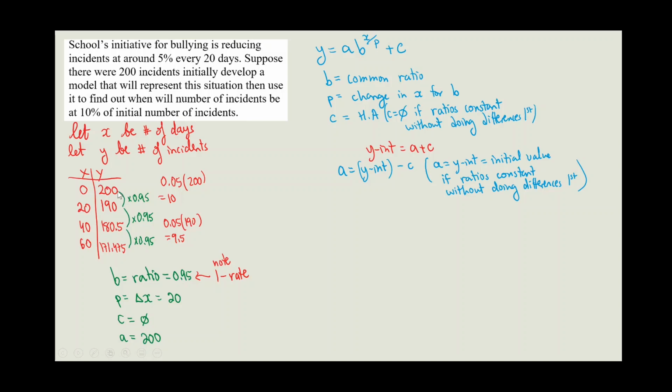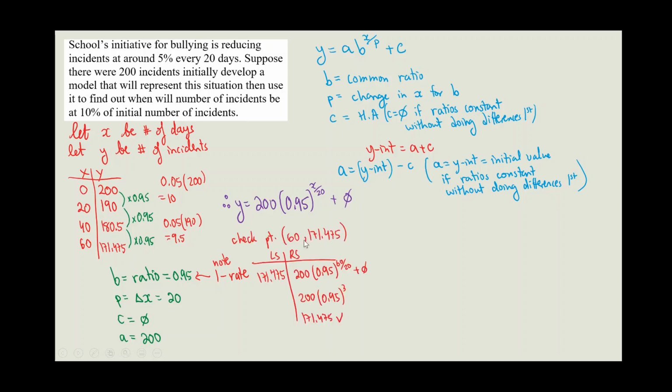And the first number that we see will be actually our a itself. So we have all of the numbers to create our model. Here's the model. A is 200, base is 0.95, x over 20 to represent 20 days. It takes 20 days to lose 5%. And then there's nothing added at the end, so you could say plus 0 or not write it at all.